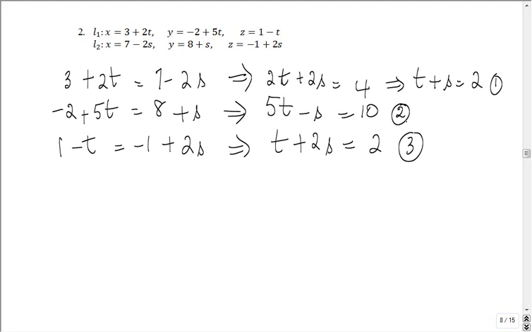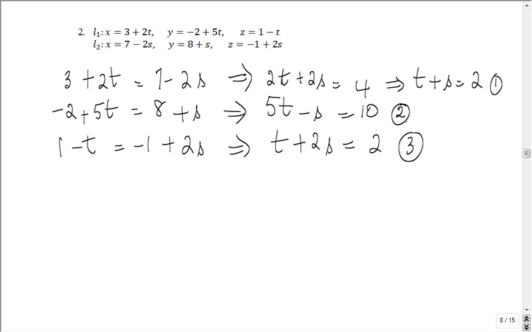Now, how do you solve 3 equations with 2 variables? There are many ways to solve them, but for your purposes, you take any 2 of the equations, because you know how to solve 2, right? So you take any 2, the easiest 2 obviously, and solve for both of the parameters.